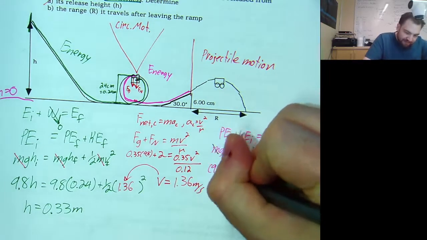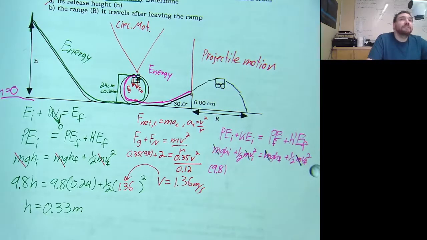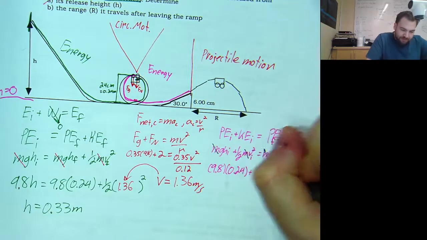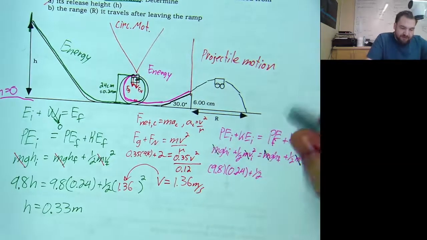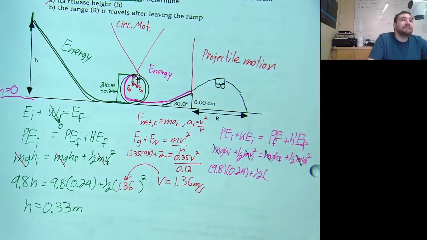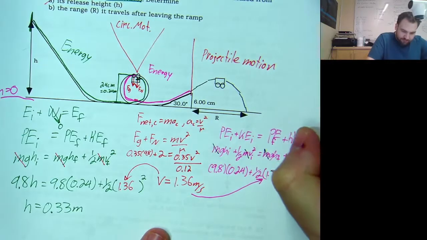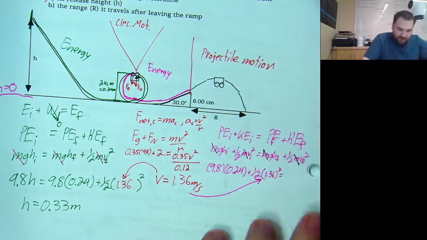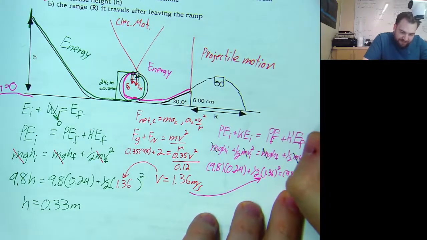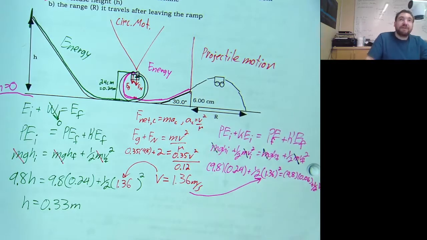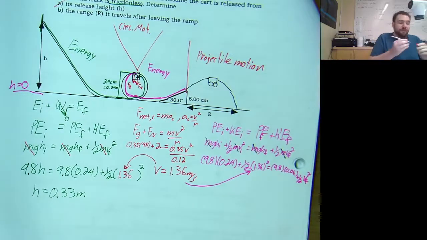I got 9.8. The initial height is what? It's 0.24 again. Plus 1/2 V initial squared. What is it? Yeah, it's this guy here again. That's going to equal 9.8 times the final height of my car, 0.06, plus 1/2 V final squared. I want the final velocity of the car going up over the ramp.